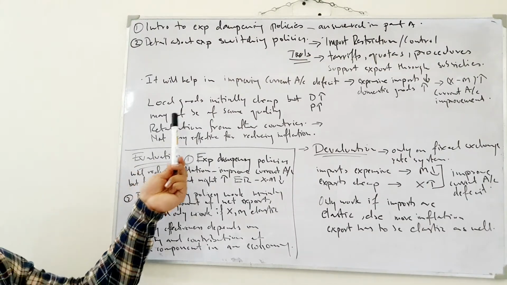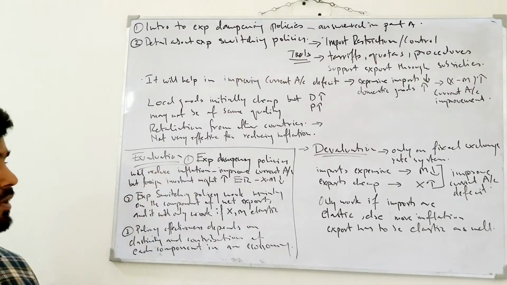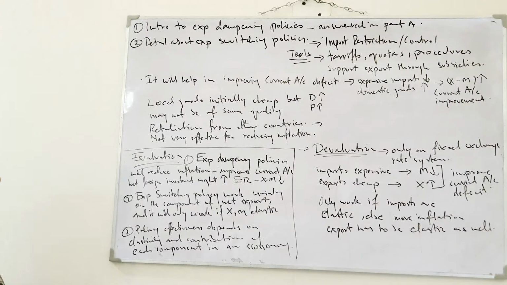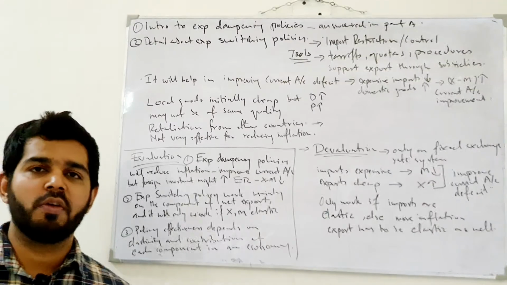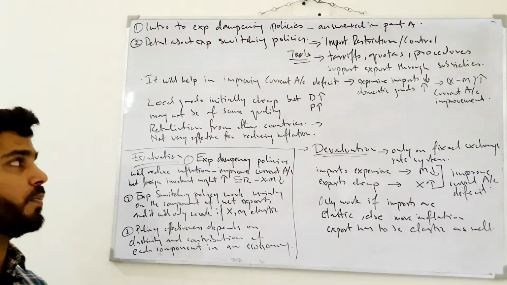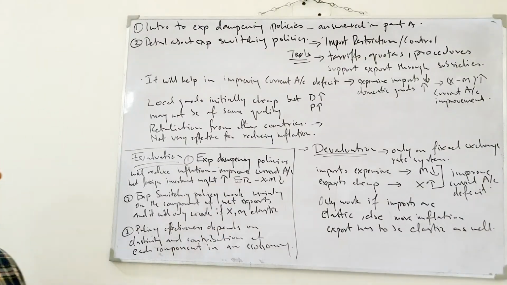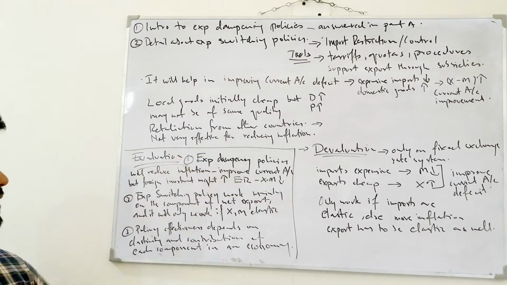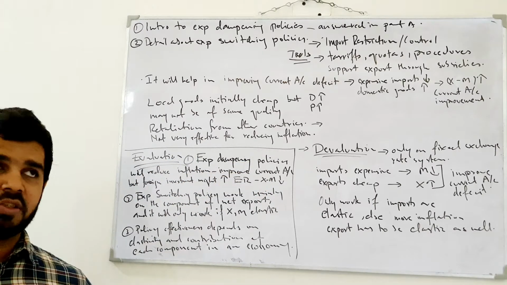The other disadvantage is that the local goods may not be of the same quality as the imported goods, because every country does not have a comparative advantage. So we cannot exploit the comparative advantage properly if we impose the import restriction or control. What else can happen is retaliation from other countries, so they can also put restrictions on us.